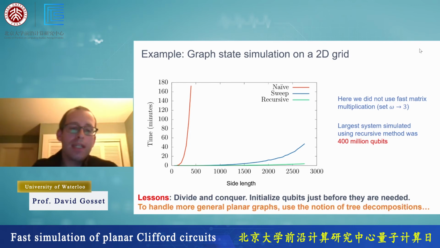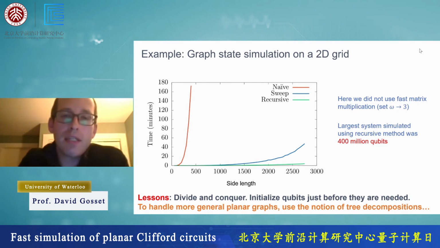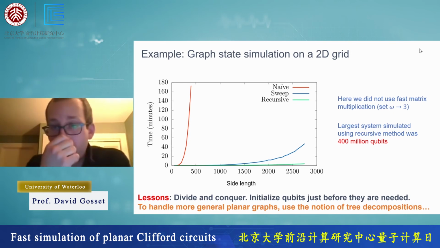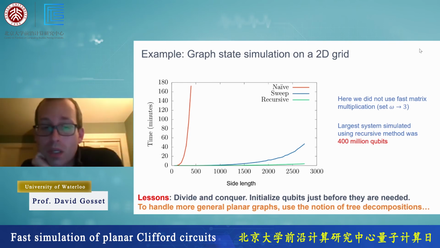But unfortunately, what we did here involved just scheduling the gates and the measurements. But we don't know actually how to handle more general planar graphs using only those ingredients. And in fact, there's an important difference between our algorithm on more general planar graphs and this algorithm that I just showed you for the 2D grid, which is that we will need to have some duplication of qubits.